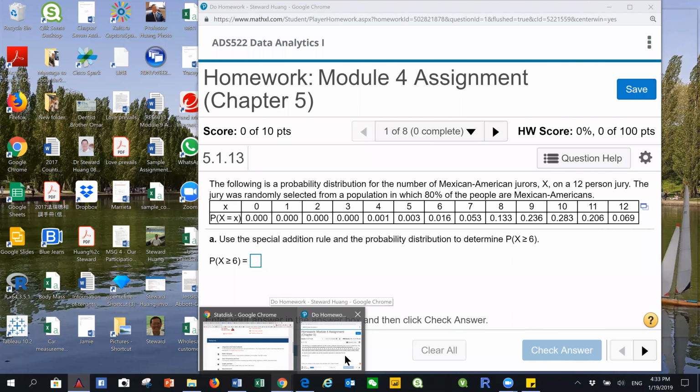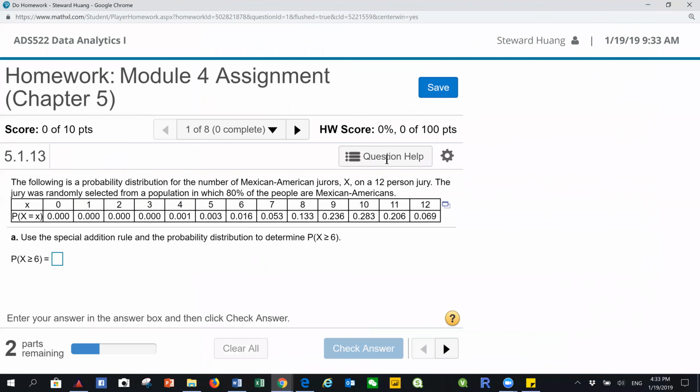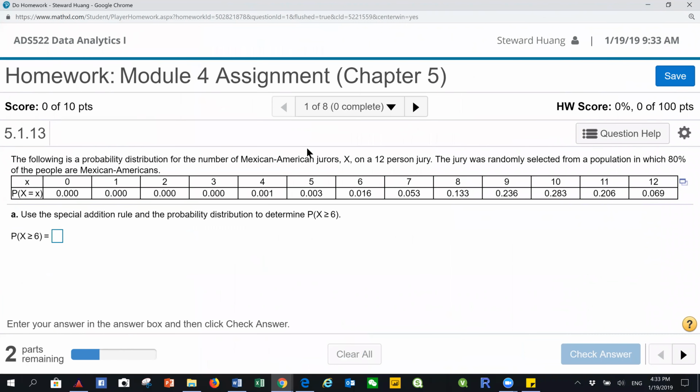Okay, so now let's come to question 1. We'll quickly go over them. The first question is to calculate the probability given a table. What's the probability x greater than or equal to 6?